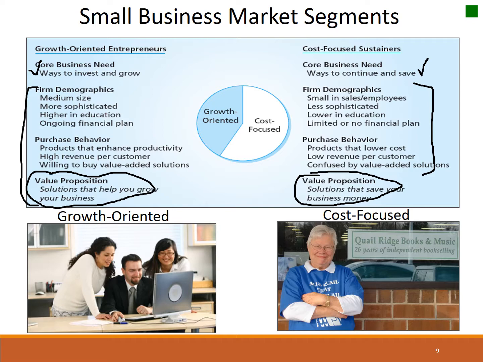It could be a tagline, or a paragraph describing the product and its positioning and so forth. But what we have is solutions that help you grow your business. That's the value proposition that we've identified for this growth-oriented entrepreneur and our product that we're going to offer them.